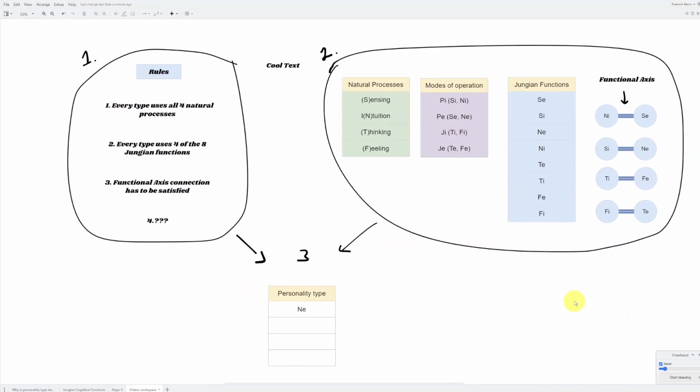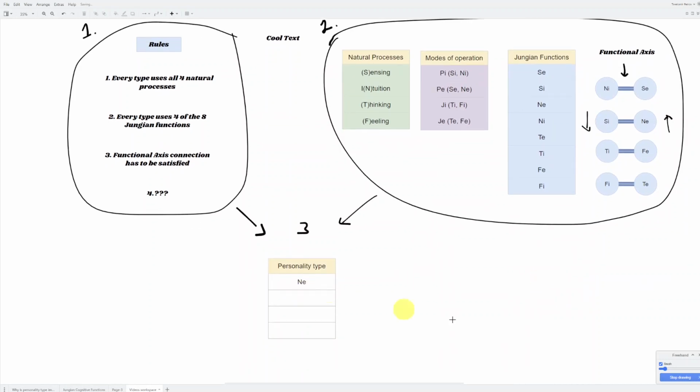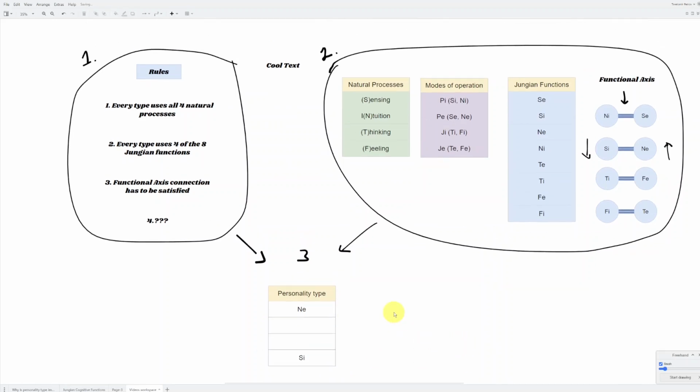And what we learned actually from the last video is also that the connection between the two is inversely proportional, meaning that if extroverted intuition is stronger, this would mean that introverted sensing is going to be weaker. And since here the extroverted intuition is the strongest function, this means that the weakest function is going to be introverted sensing. So we can populate this spot here.